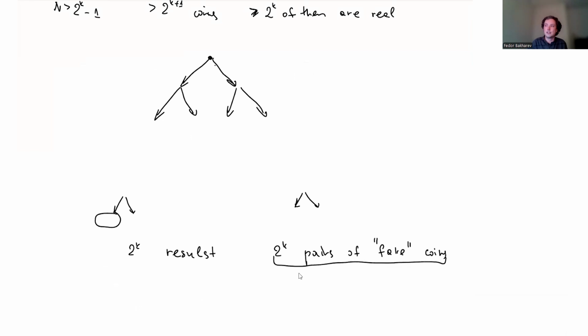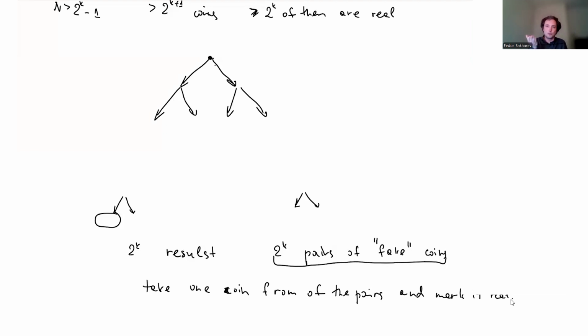and we take one coin from each of the pairs and mark it real. So we will get not more than 2 to the power k real coins, and say that all others are fake.